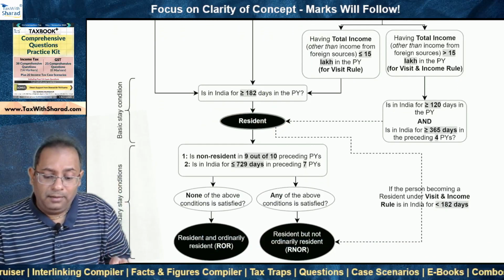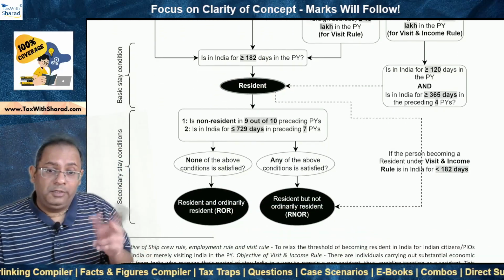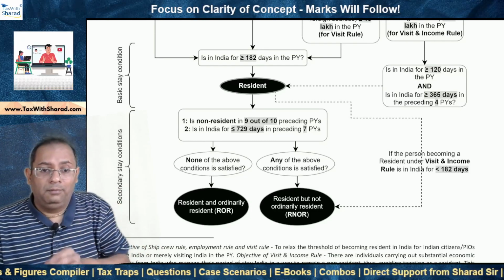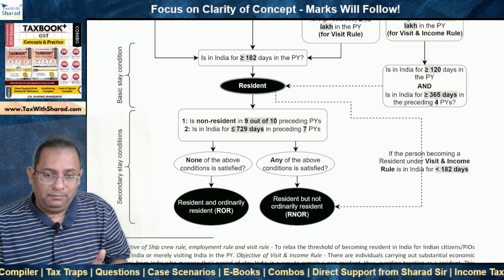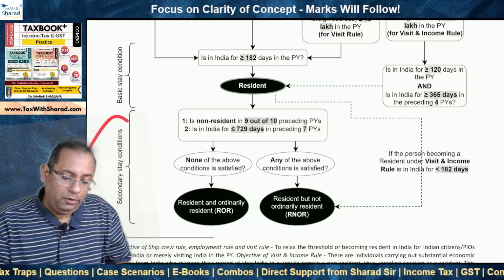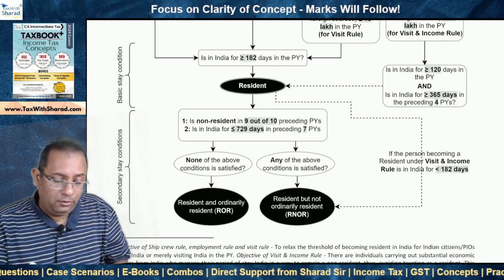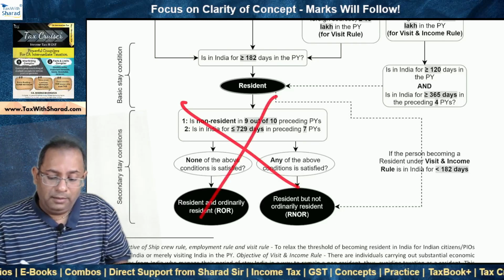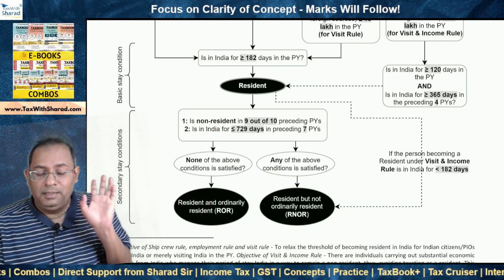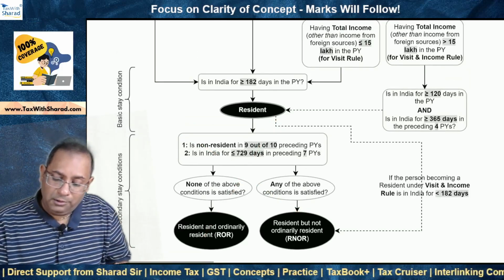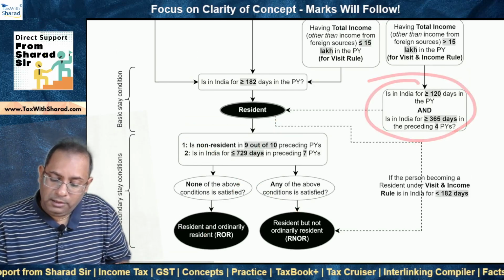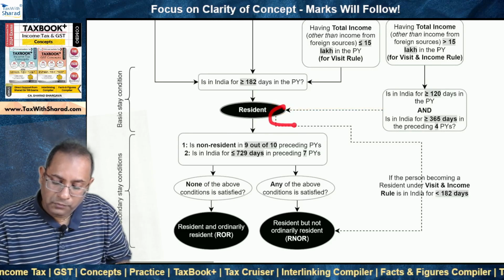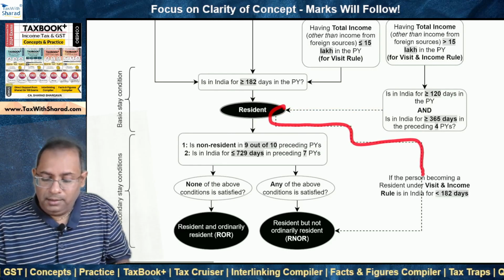Now, once a resident, the next step is we need to check whether the individual will be ROR or RNOR. But in visit and income rule case, the position will differ. We will not go this way. We are not going to check the secondary stay conditions. So these secondary stay conditions don't apply in the case of visit and income rule. What happens in the case of visit and income rule? If these twin conditions are satisfied, the person becomes a resident, and you look at the dotted lines. Straight away, we then check something more.